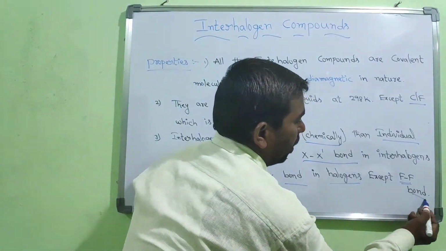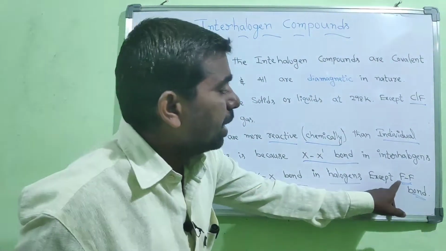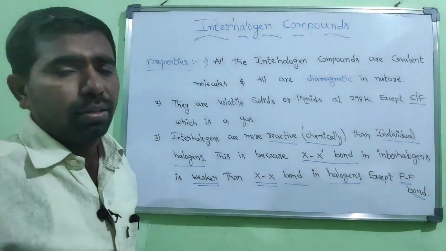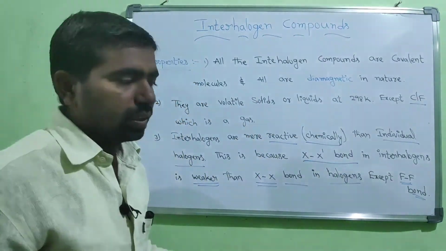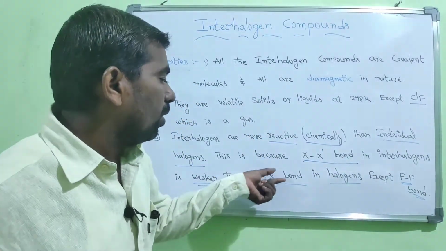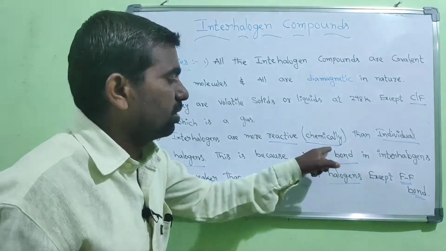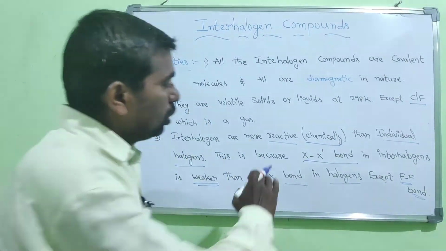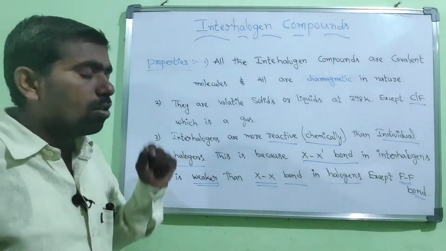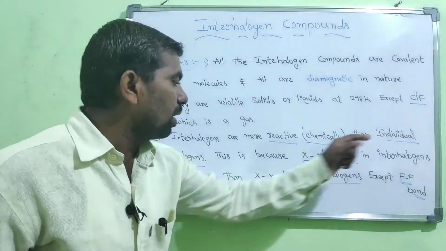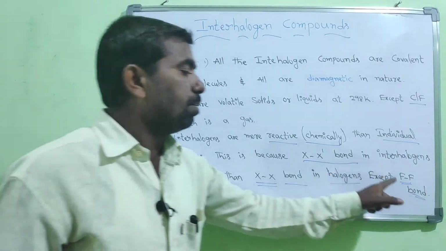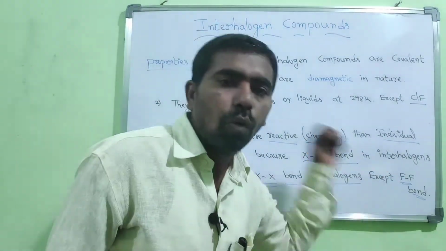Except for the F–F bond, which is weaker than the X–X' bond, the X–X bond is stronger than the X–X' bond. Due to this, interhalogens are more chemically reactive than the individual halogens, except F2, that means fluorine.